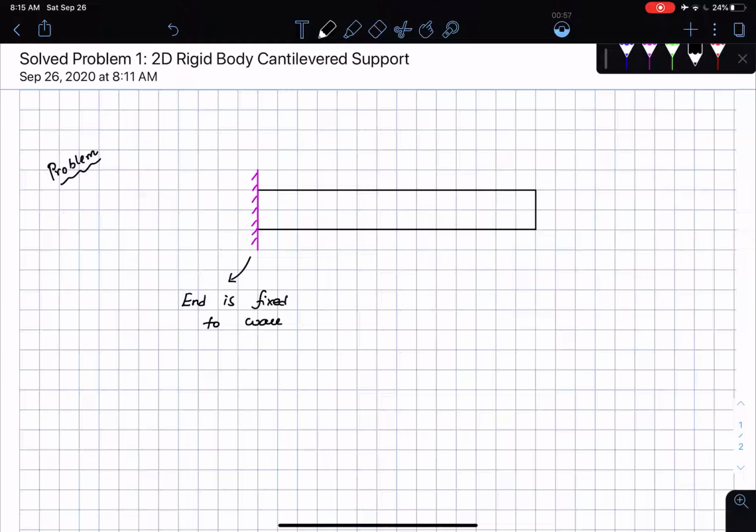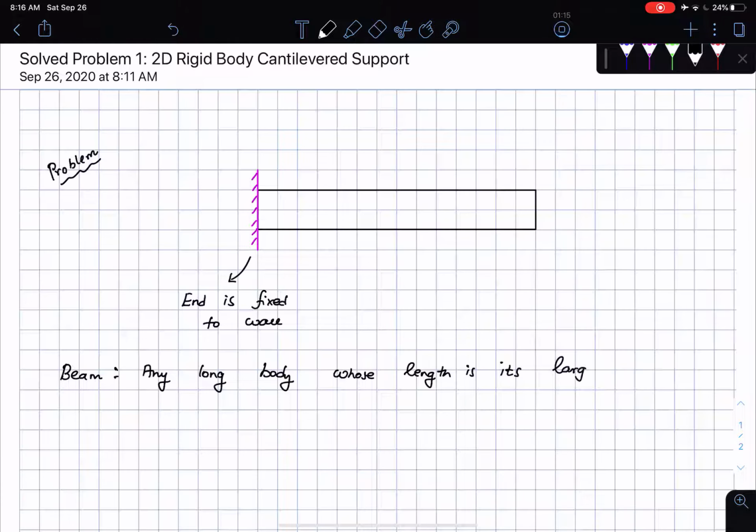And as I have specified in the past, a beam is any long body whose length is its largest dimension.